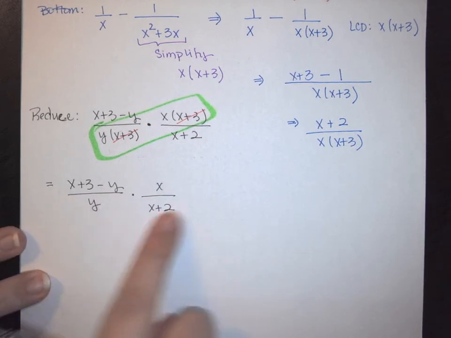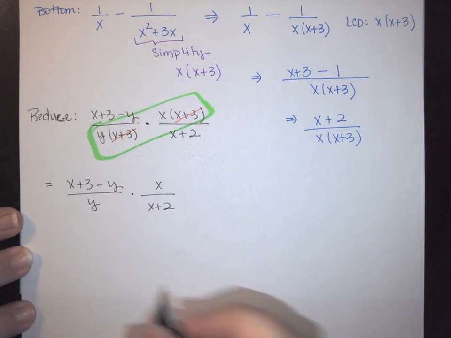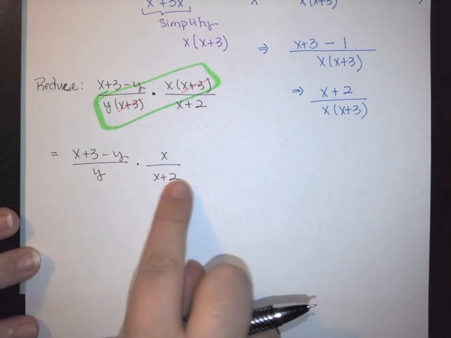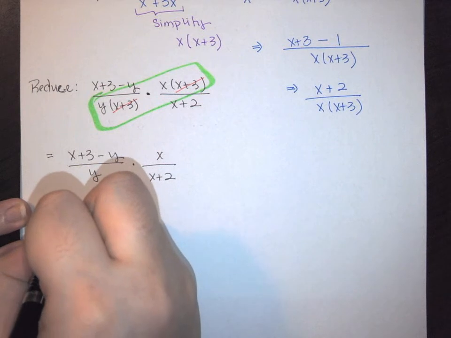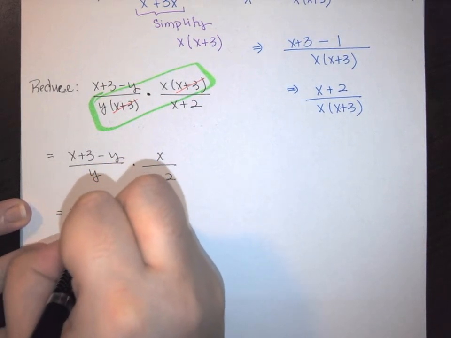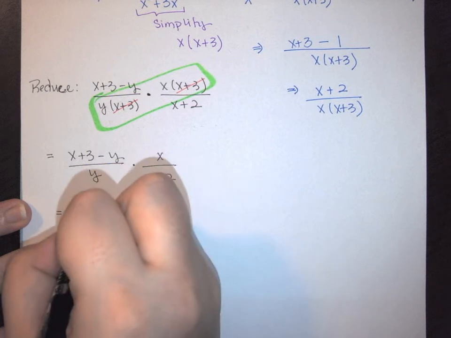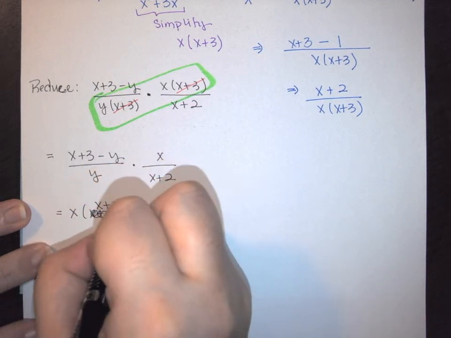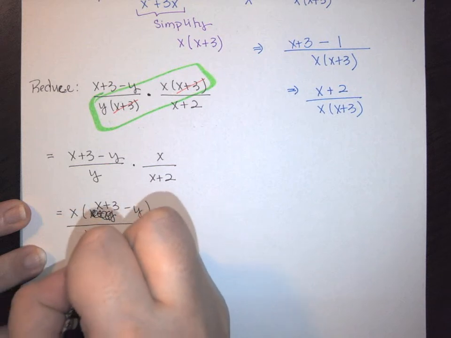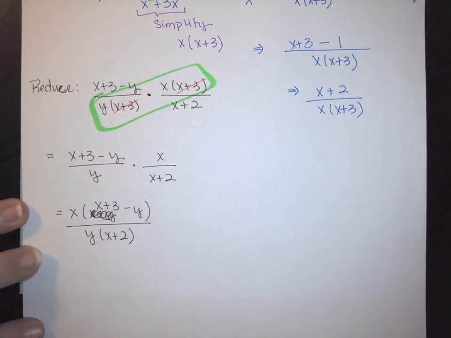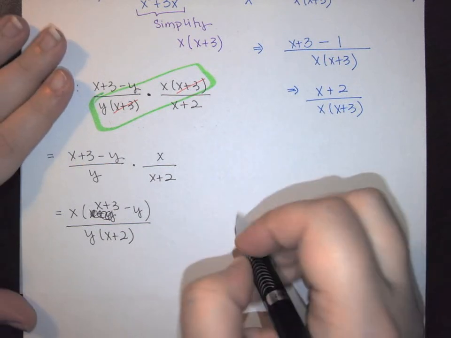Now here, there's really nothing else that we can see to do. So what you would do here at this point is go ahead and multiply straight across. So we're going to end up with x times (x plus 3 minus y) all over y times (x plus 2). Okay. So again, let me write that so it's a little bit more clear.